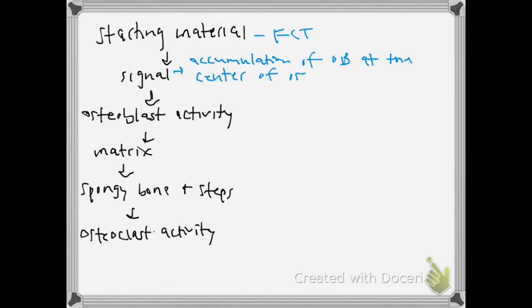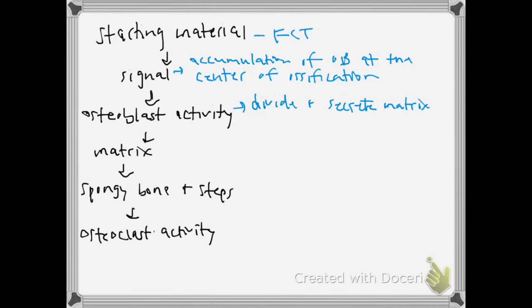Ossification is this bone-making process. Okay, so the signal is going to cause this accumulation of osteoblasts at the center of ossification. What do osteoblasts do? They divide. And they secrete matrix. Those are the two things they do.